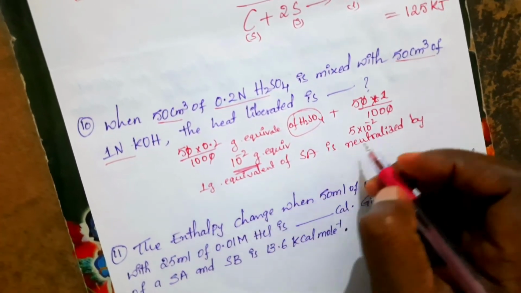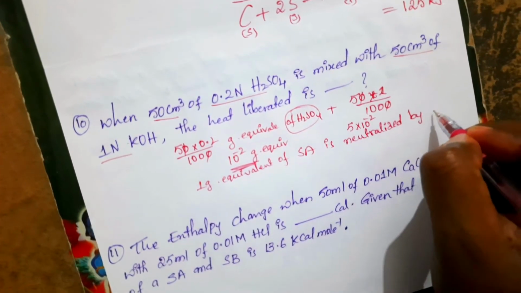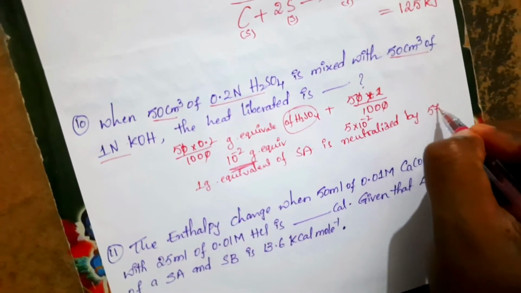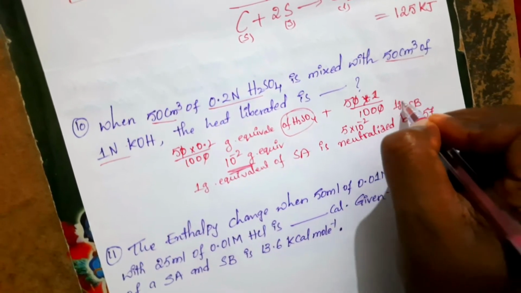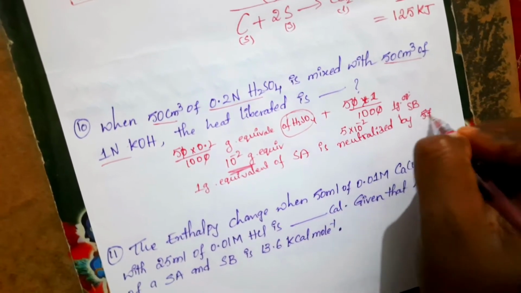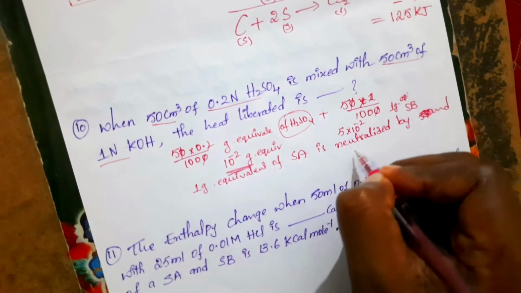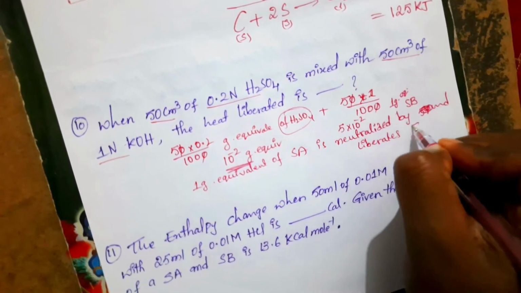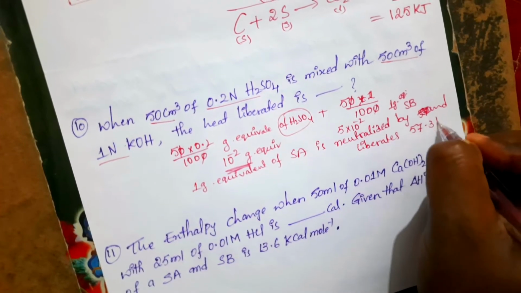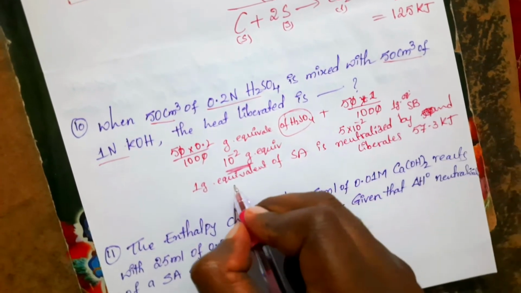So 1 gram equivalent of strong acid is neutralized by strong base, and liberates 57.3 kilojoules of heat energy for 1 gram equivalent.